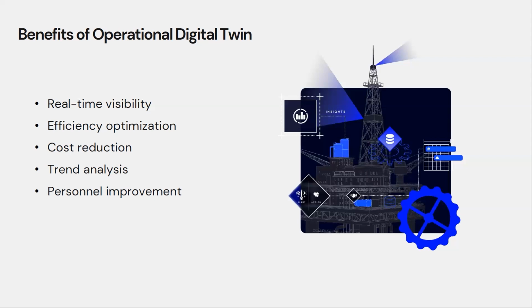You can perform trend analysis, so you can look at the historic data to understand how your system is performing and where you can optimize. And finally, you can improve the performance of your personnel, whether they're IT teams or field teams. You can give instructions to them to enable them to run your systems better.